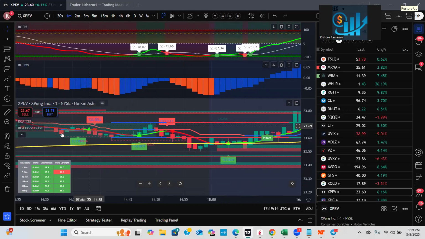So on a Friday you can see that it is just going down, going up, going down, going up, going down. So it is just moving sideways in the 5 minutes.